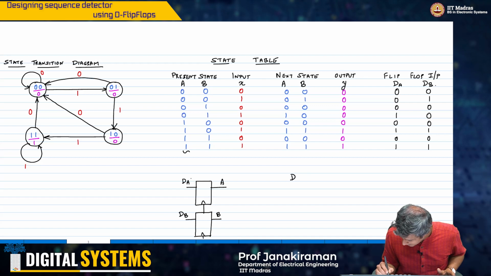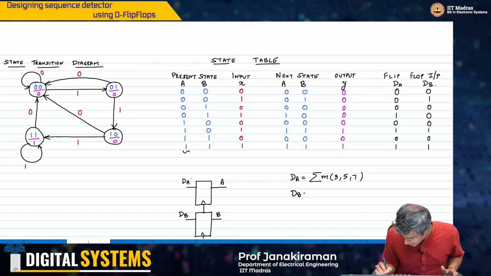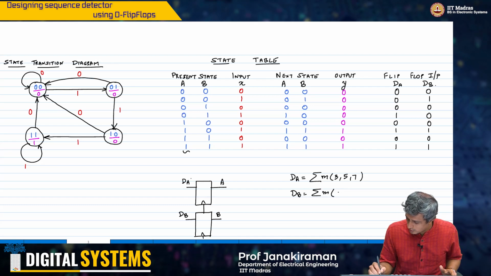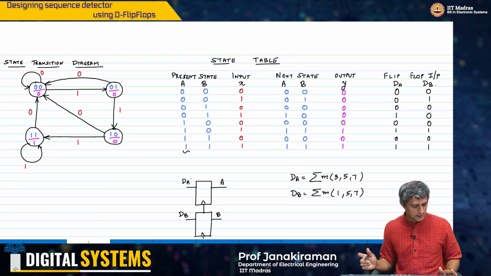So my DA is summation of minterms 3, 5, 7. DB is summation of minterms 1, 5, 7, right?